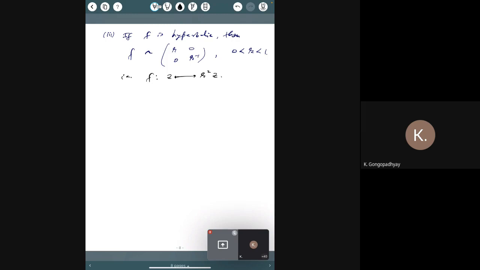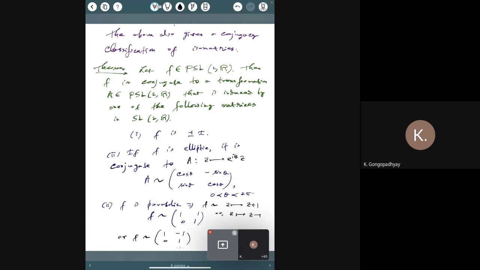So this gives a conjugacy classification of isometries. That means, up to conjugacy, the isometries of the hyperbolic plane are of these types.